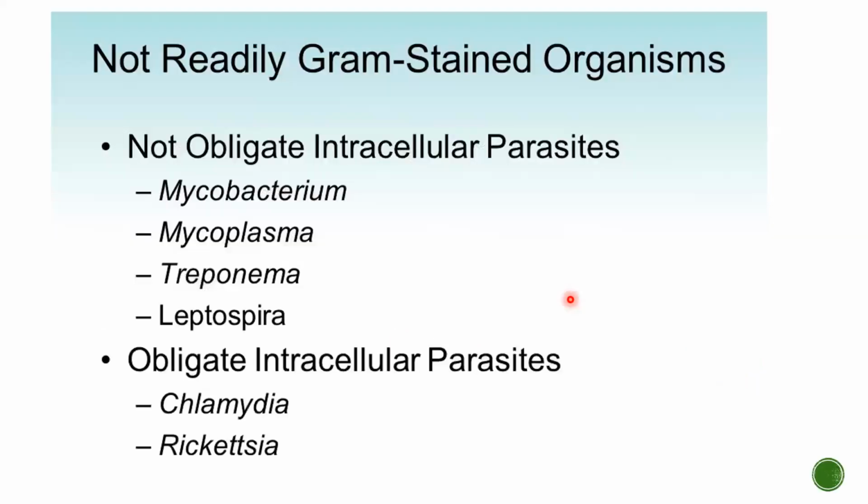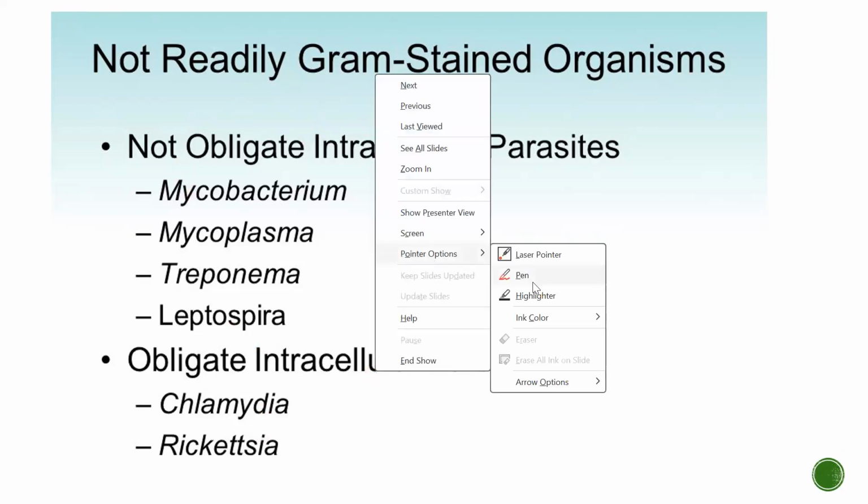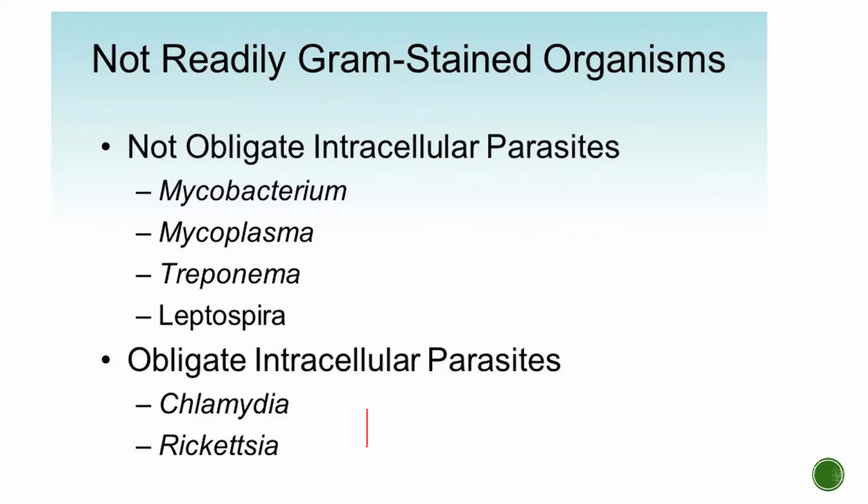Okay, let's start. The way we classify these organisms is based on them being obligate intracellular, which are these, and not obligate intracellular. The way you can remember this is, let me draw this, ROCK. Sorry for the handwriting.